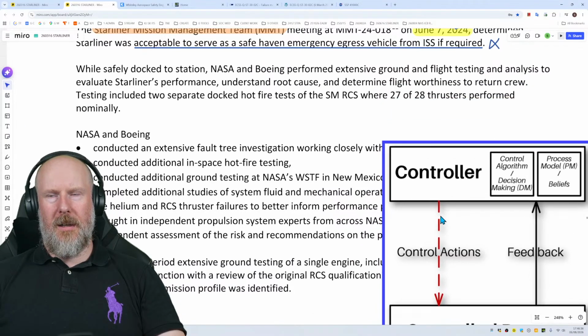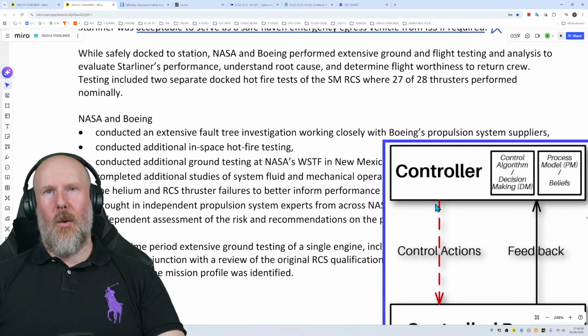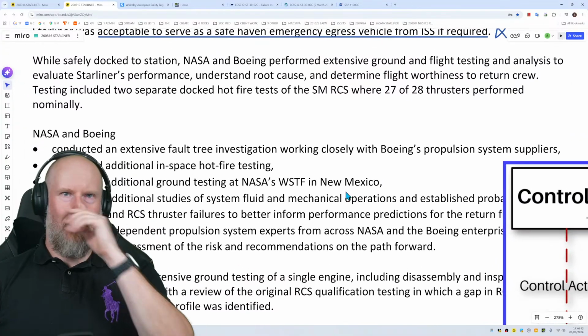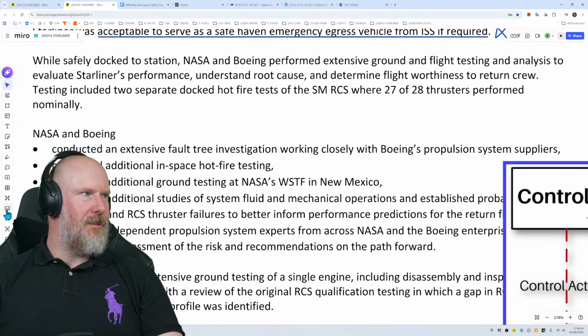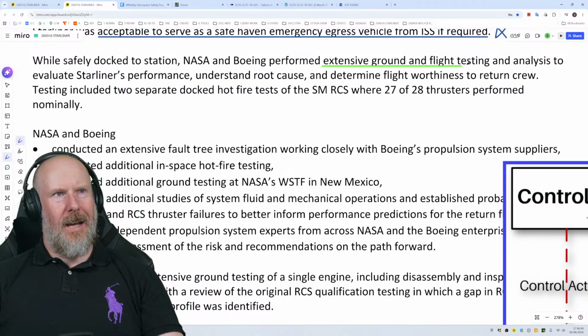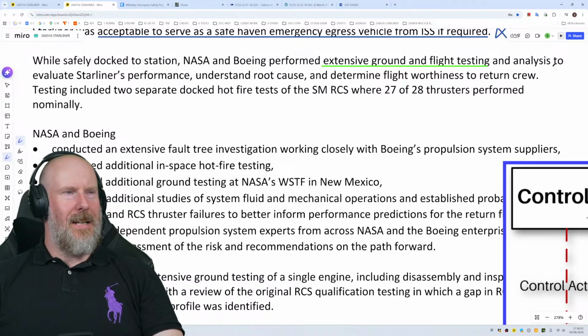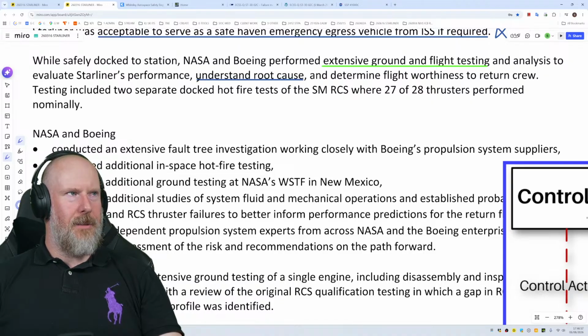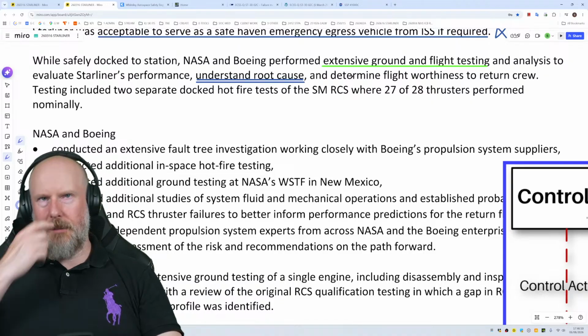While safely docked to the station, NASA and Boeing performed extensive ground tests and flight testing and analysis to evaluate Starliner's performance. Understand root cause. Again, if you're looking for root cause, you're missing half the picture.